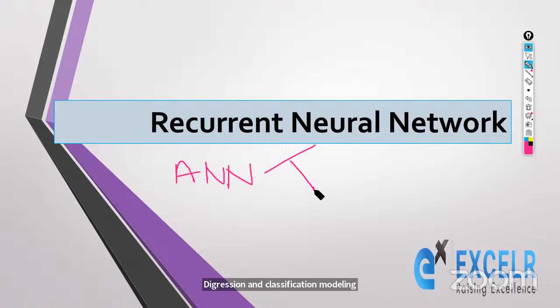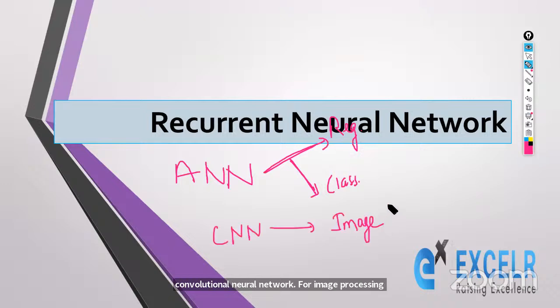We have the convolutional neural network for image processing or video data analysis. And you can also use CNN for time series, or even for text data analytics. But majorly we use the CNN architecture for image or video analysis.